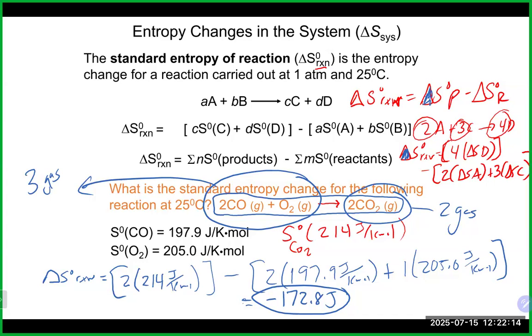So I went from more disorder to more order in this situation because I decreased the number of gas molecules, and that would allow you to predict that the sign here should be negative, which is what we got here. So again, that should oftentimes kind of match up. If you ended up with a positive value here, then something probably went wrong in the calculation. Any questions on that?